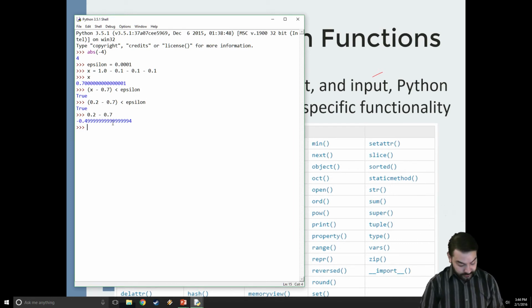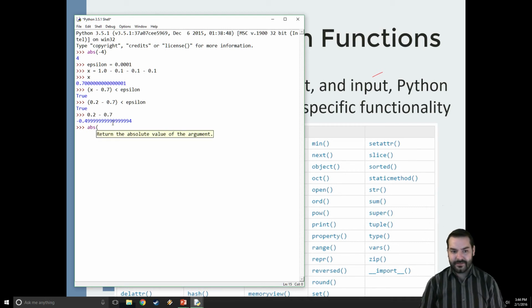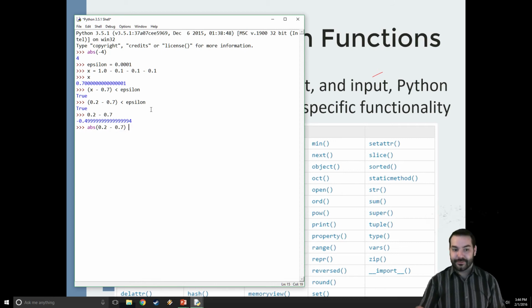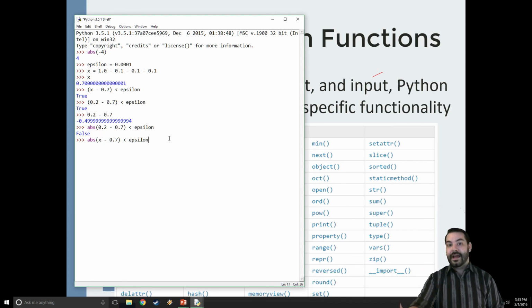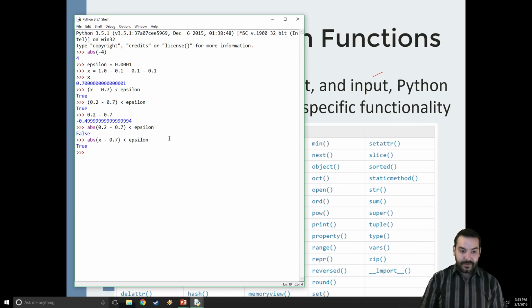In that case, again, abs comes into play. I can come in and say abs: as long as the absolute value of this math equation is less than epsilon. In this case, I'll get a false. But if I come in and change this, my x, which is the rounding off error, I should get a true.